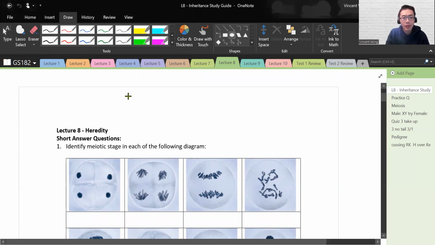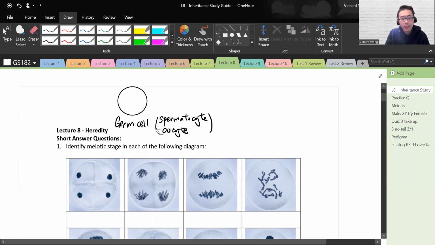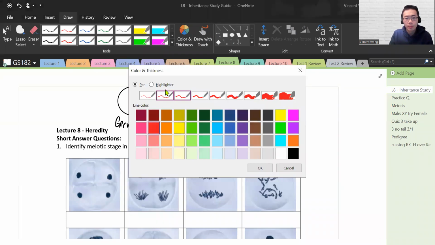So we start with a germ cell, which is either a spermatocyte or oocyte in female, right? Okay. So these are diploid cells with 2 sets of chromosomes.